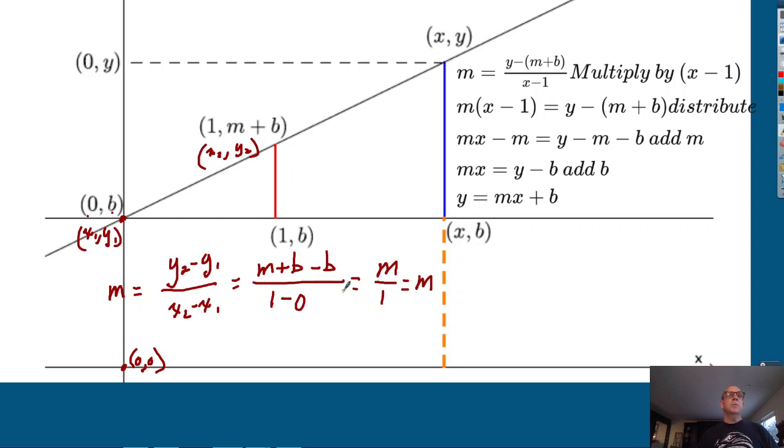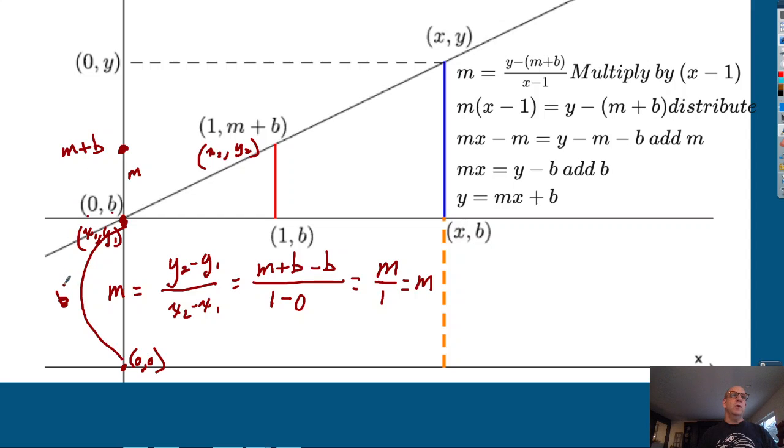And we can double check this by saying, the distance from here to here is m. I know that because this point right here is m plus b, and this point right here, from here to here, is b. So I went up b, and this here is m plus b.